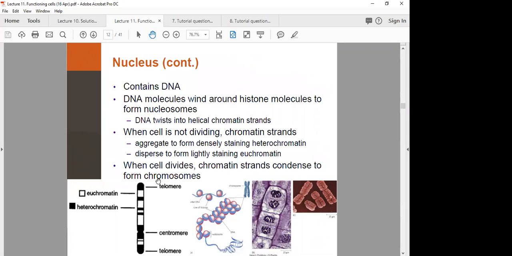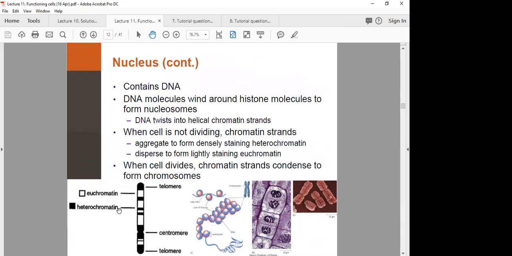In the form of chromatin, which is illustrated here, some of the chromatin is very tightly condensed, very tightly aggregated, and we refer to this part as heterochromatin. Other parts of the chromatin are more dispersed, and that's referred to as euchromatin.